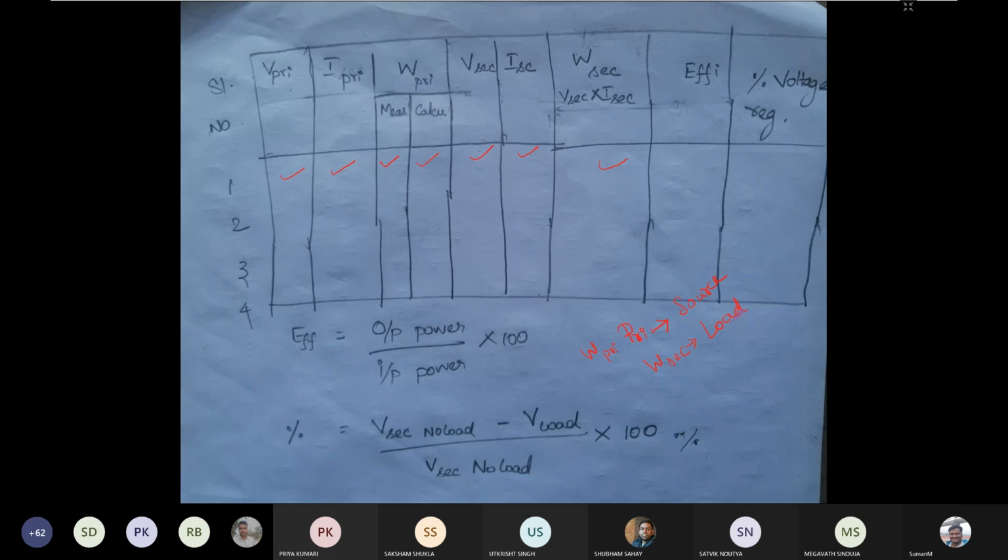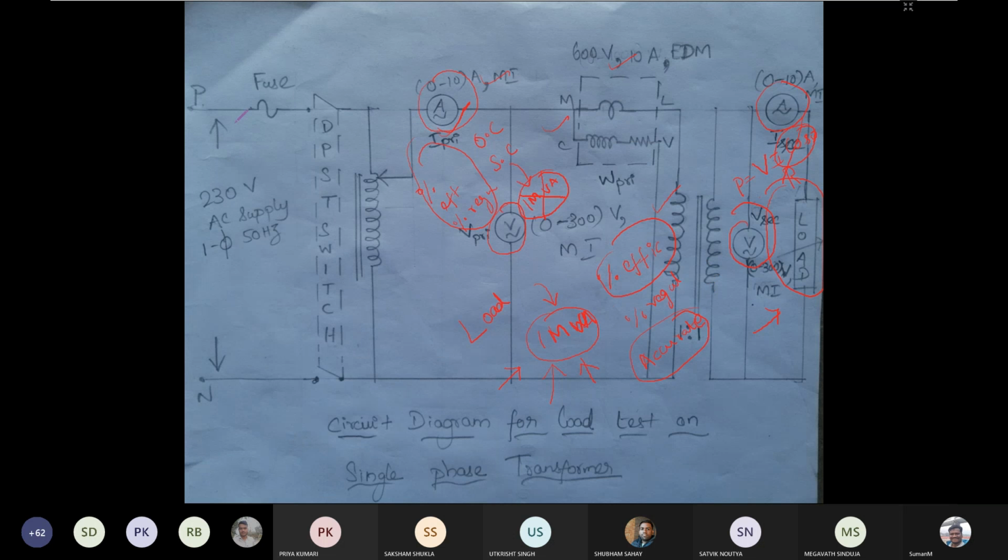So how much power, X, is coming inside, and in the load you are consuming Y power. So there is a difference between X and Y. X power is taken from the source, but the same X power is not supplied to the load. So percentage efficiency is given by output, that is Y, divided by input, into 100 percent.